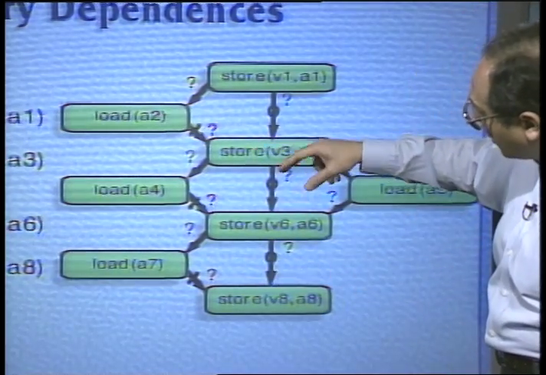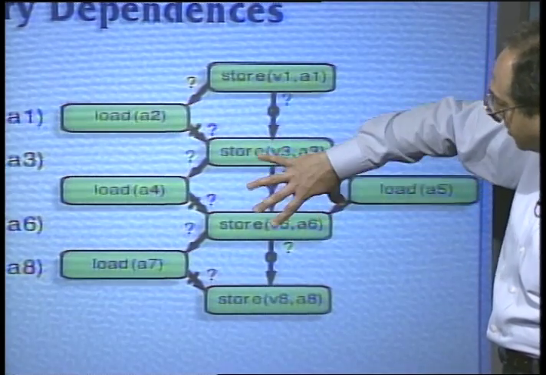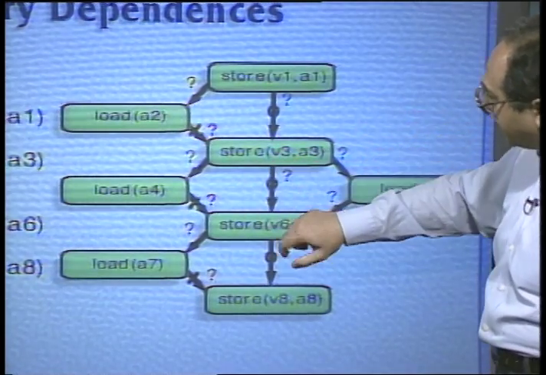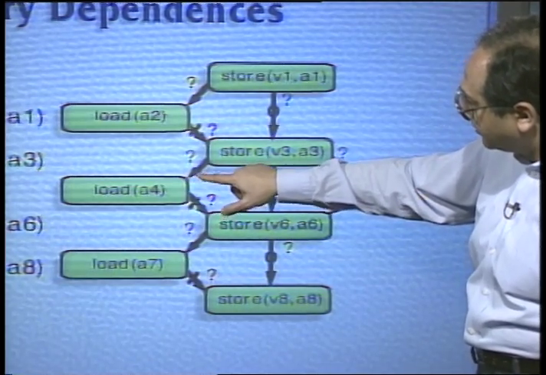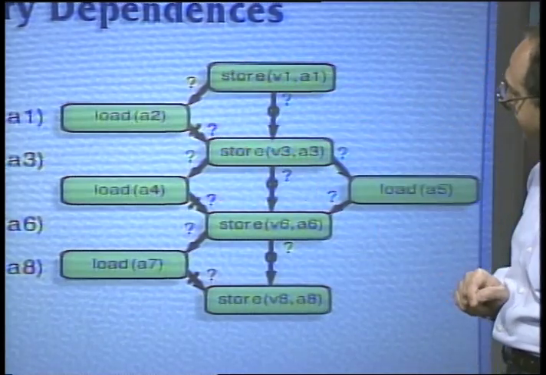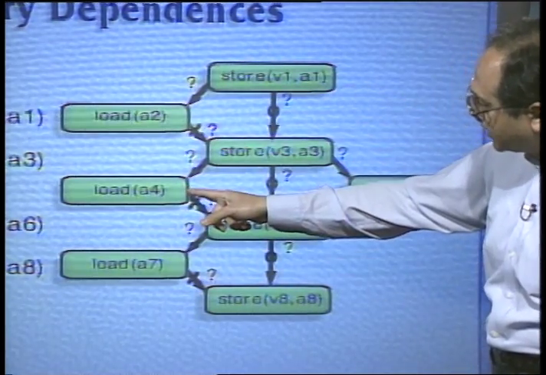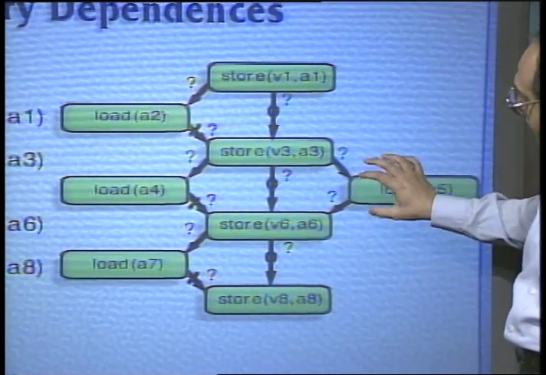Now, as a result of eliminating this output dependence between these two, and these two being potentially in parallel, what we have to do is move the ambiguous flow dependence that used to come from here, and we'll have to get it coming from the first store. Similarly, this maybe anti-dependence goes down over here, likewise over here.